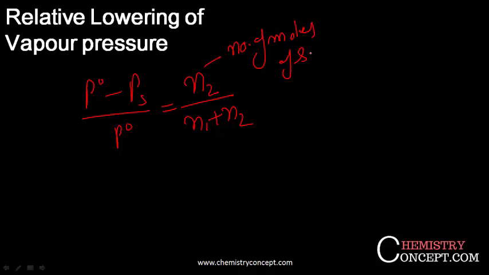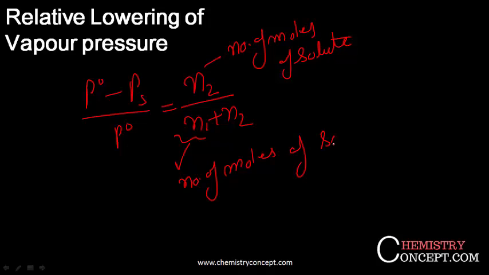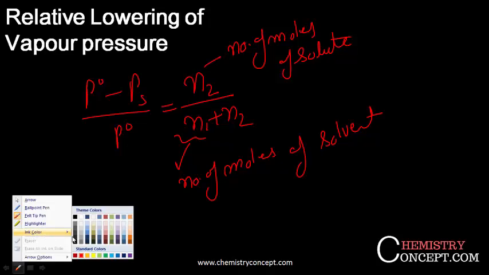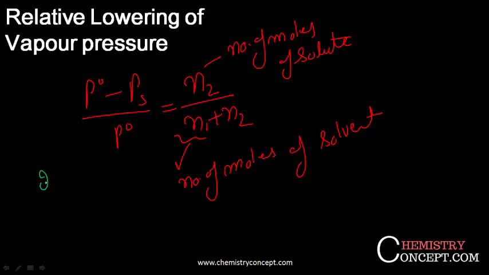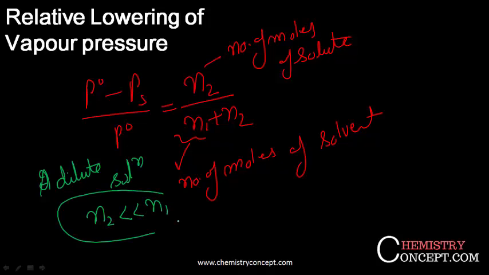moles of solute and N1 is the number of moles of solvent. Fine. Or for a dilute solution, the number of moles of solute is much less than the number of moles of solvent.